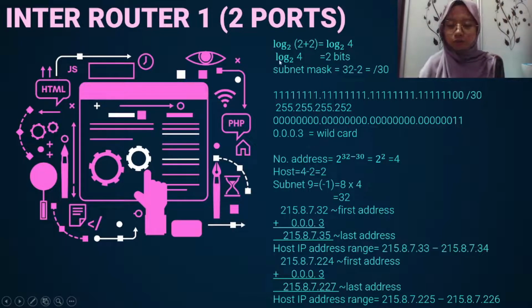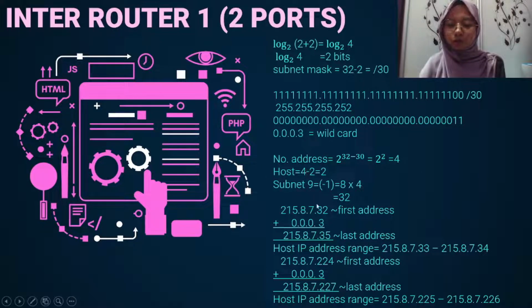So for the number of addresses, we use this formula, which is 2 to the power of 32 minus 30. 30 is the subnet mask, and then we get 2 to the power of 2 equals 4.